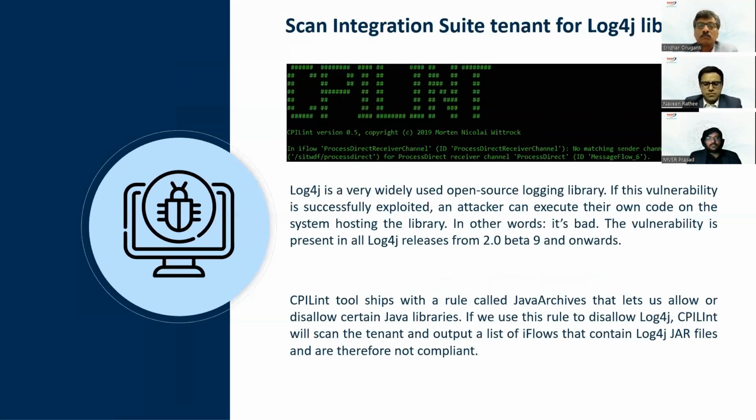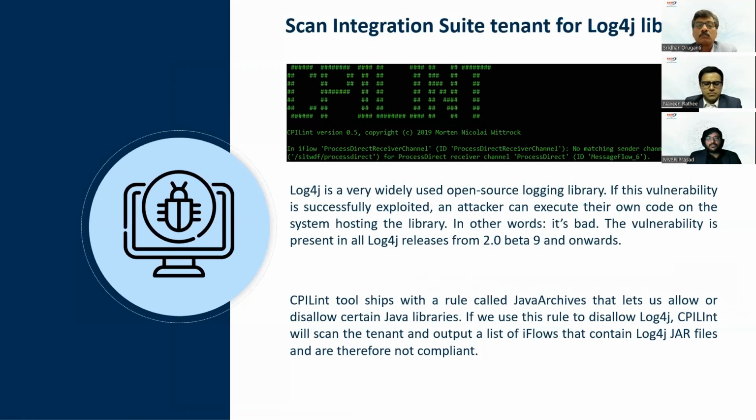Also, since the Integration Suite is developed on the Apache platform and Apache libraries, Java libraries, Log4j is what we have seen a couple of years, last year I believe. It's a very widely used open source logging library.